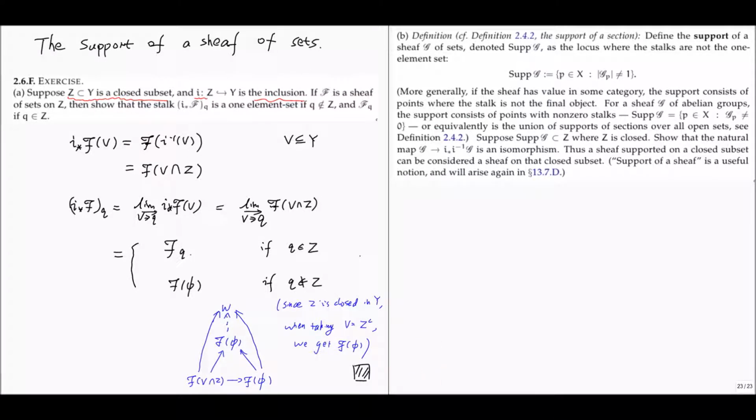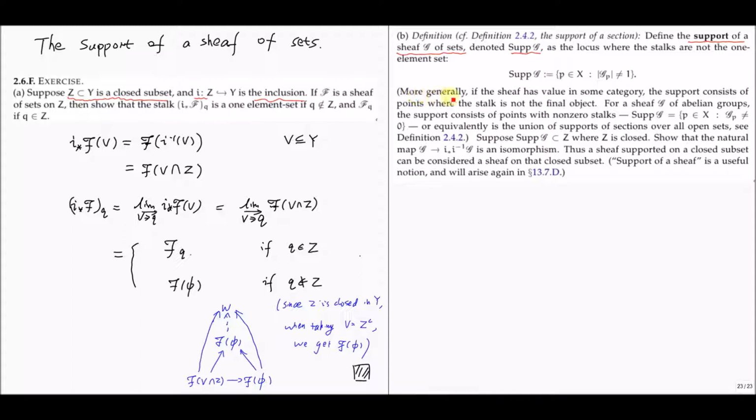Okay, now let's look at part B. In part B, we define the support of a sheaf of sets to be the set of all the points in the topological space X such that the stalk is non-trivial.